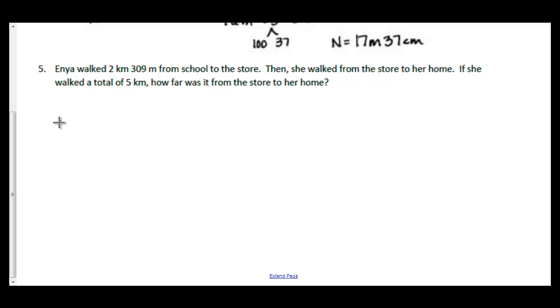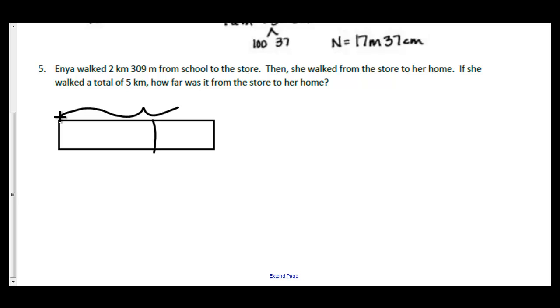Okay, so I'm going to begin by drawing a tape diagram, and this is going to represent how far Enya walked altogether. Now, it says that she walked from the school to the store, and then she walked from the store home. So I've got 2 separate parts here. I do know how far she walked altogether because it says she walked a total of 5 kilometers.